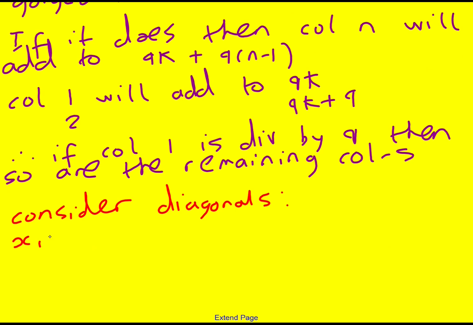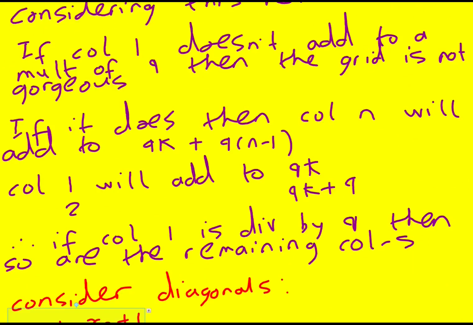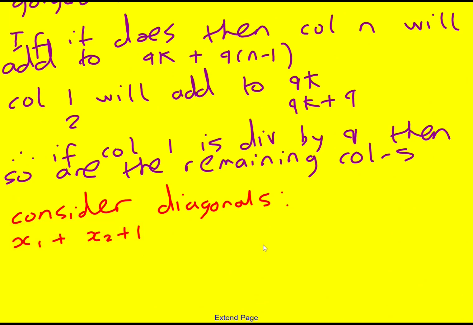Okay, I'm going to get x1 plus x2 plus 1, going down this diagonal here, plus x3 plus 2 all the way to x9, where I'll be adding 8.